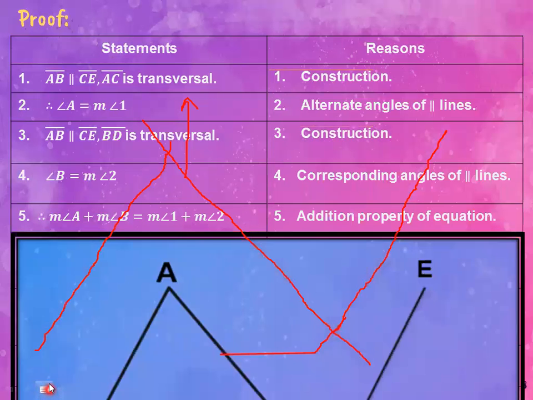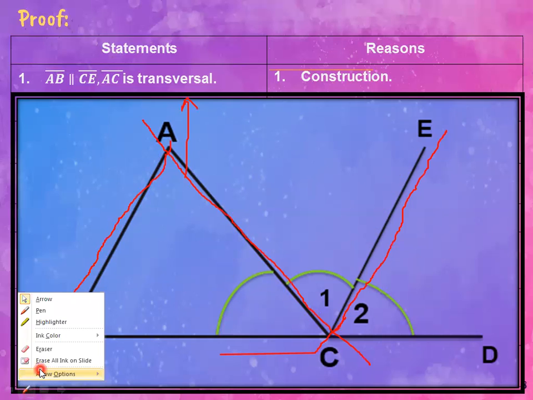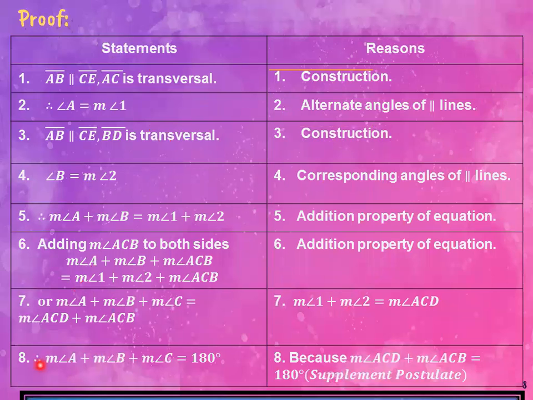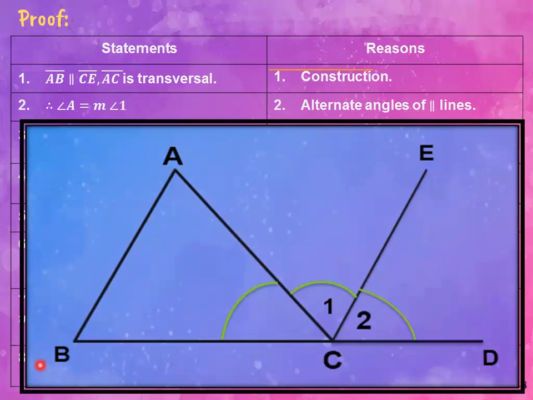Now move on to statement number 2. What is your statement number 2? If AB is parallel to CE and AC is transversal, therefore angle A is equal to the measure of angle 1. Now what does it mean?